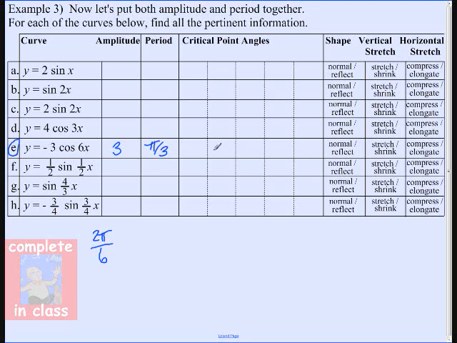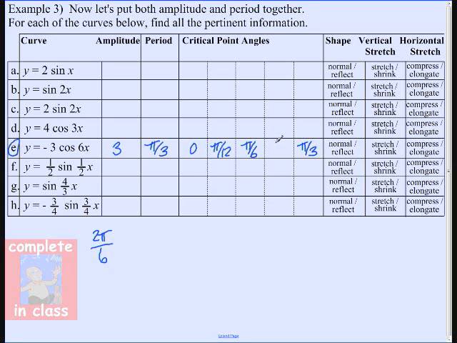What are the critical angles? Well, it starts with 0 and it's going to end with the end of the period, so that's going to be pi over 3. What is the midpoint going to be? Pi over 6, right? Half of pi over 3 is pi over 6. And half of that again is pi over 12.